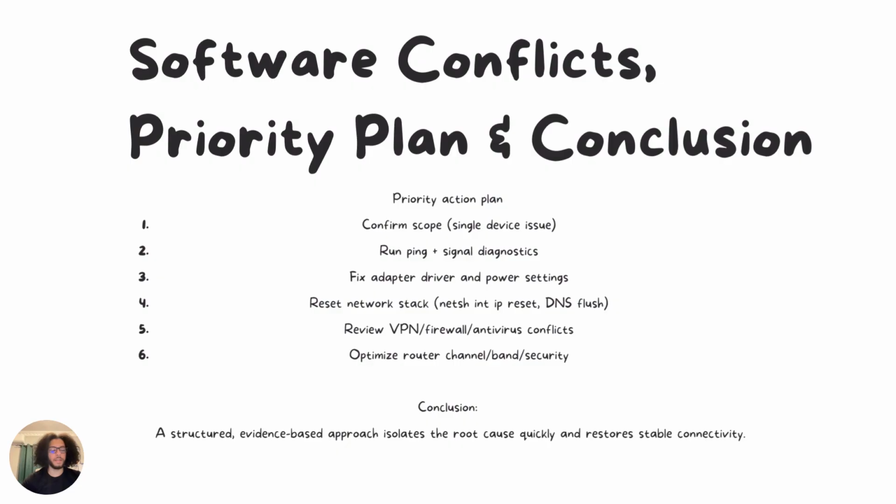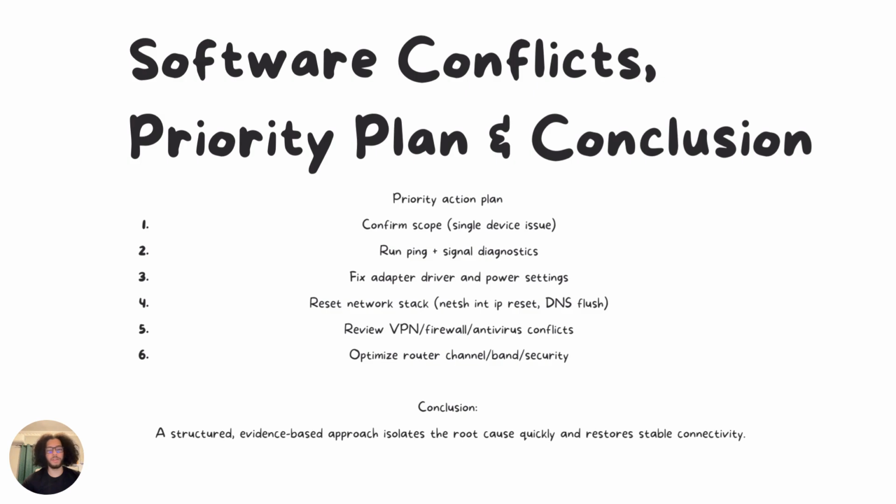In conclusion, intermittent Wi-Fi drops can be solved with a structured, evidence-based process: diagnose, change one thing at a time, and validate each change. We can restore a stable connection and prevent future drops.